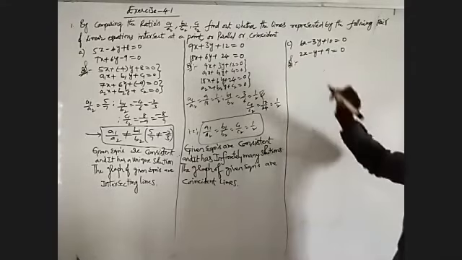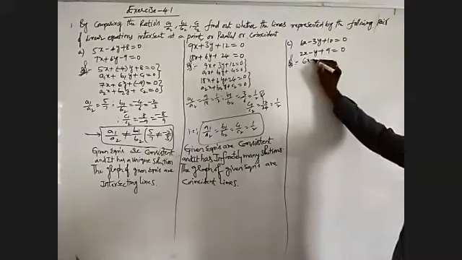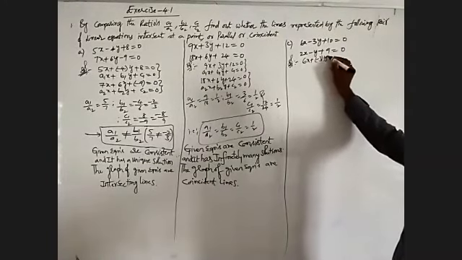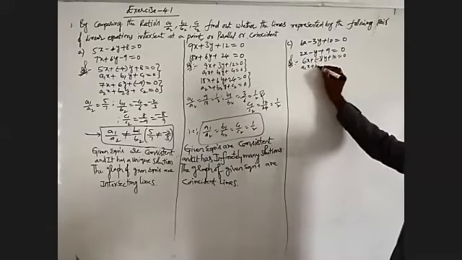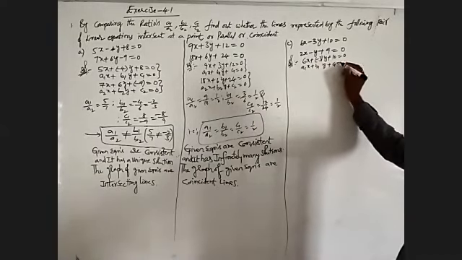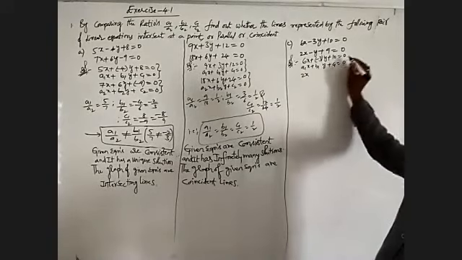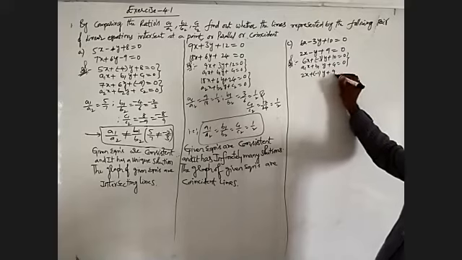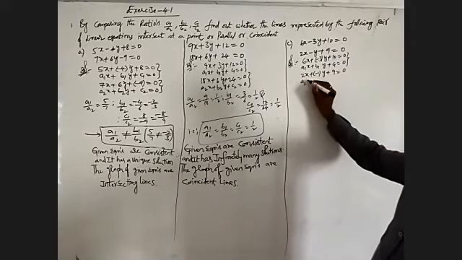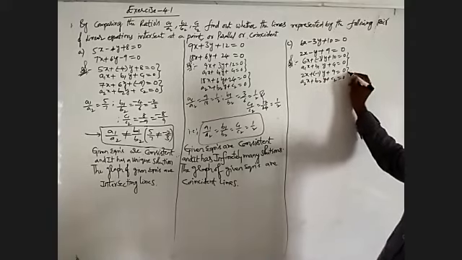We observe the third problem. 6x plus minus 3 into y plus 10 becomes 0, compared with a1x plus b1y plus c1 equal to 0. And the second one is 2x plus minus 1 into y plus 9 is equal to 0, compared with a2x plus b2y plus c2 equal to 0.